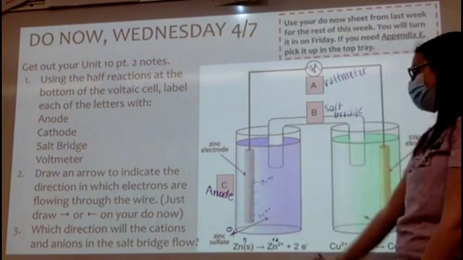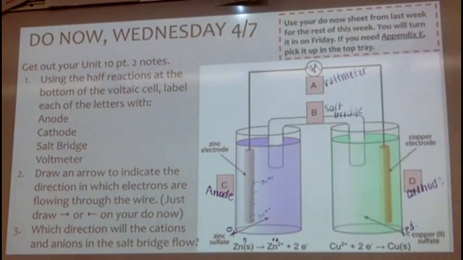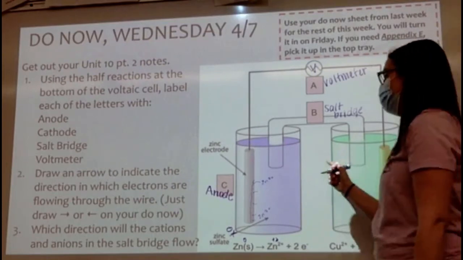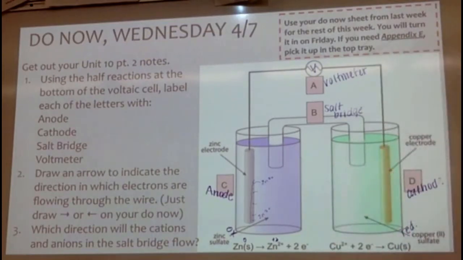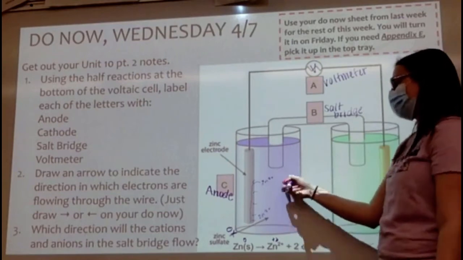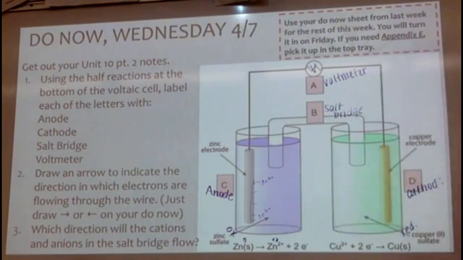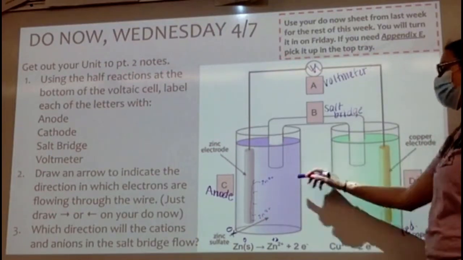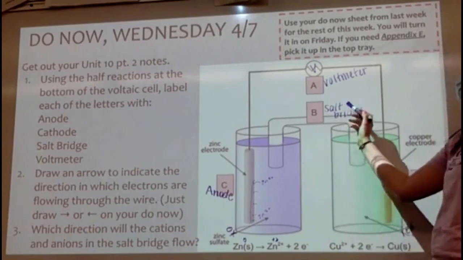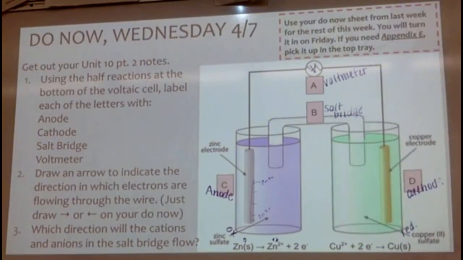So this zinc electrode will actually get smaller in size because the Zn is going into solution as Zn2+. The electrons will flow through the wire, and as this becomes more and more Zn2+, now we have more positive charge. Well, in order for the cell to keep working, these solutions need to stay neutral. And so for them to stay neutral, we're going to have some sort of salt in the salt bridge, and cations are going to flow one way, anions are going to flow another way.